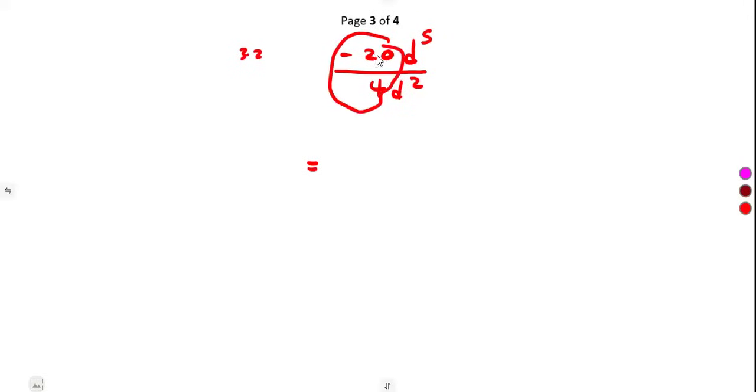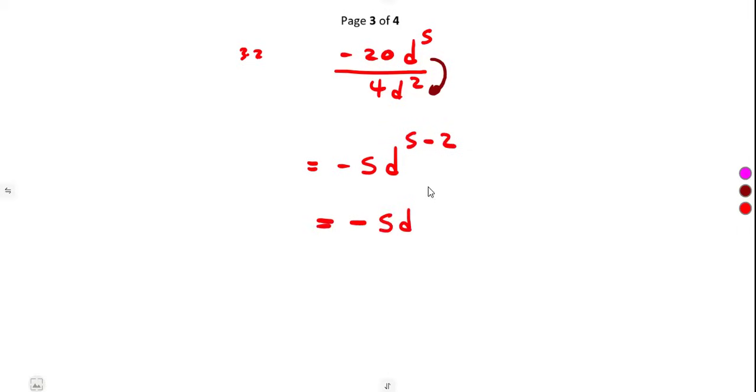Negative 20 and what? And 4. That was going to be negative 5. Then here we can simply apply our laws of exponents, guys. Dividing same bases, we subtract our exponents. So meaning to say that was going to be minus 5d to the exponent of what? Of 3. All right. That's like that.